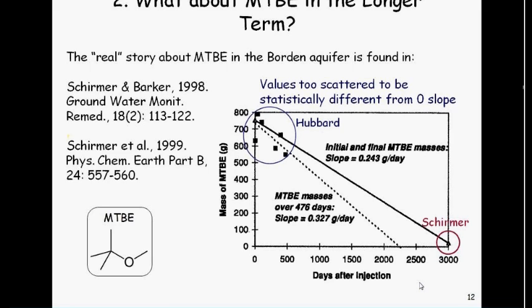Many people since then have shown that MTBE can be degraded anaerobically under, again, extremely anaerobic conditions. So it looks like MTBE is not persistent all the time, everywhere. On the other hand, the reason MTBE was banned in the U.S. was because it was persistent in groundwater. The real-world experience was that it was showing up in drinking water wells tens of kilometers away from where it probably went in.